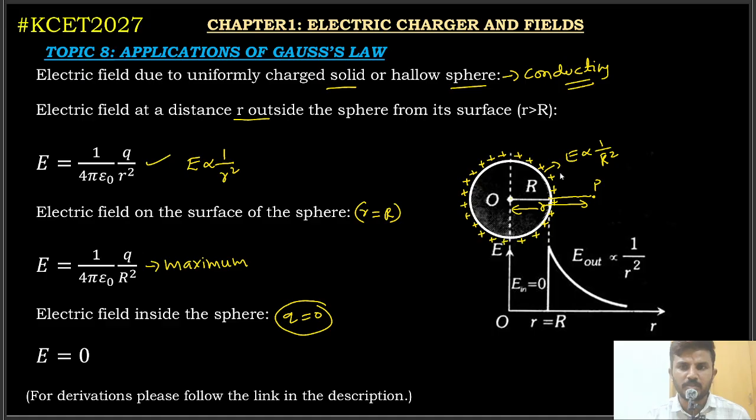So inside, the charge enclosed is 0, so the electric field is 0. And in the second chapter, you will learn that the electric potential is constant inside the sphere. We'll discuss that in the second chapter.